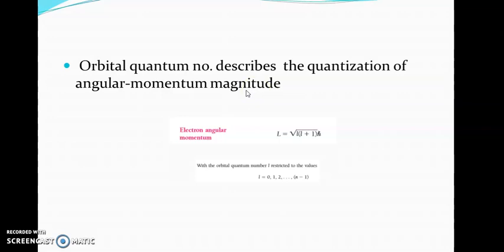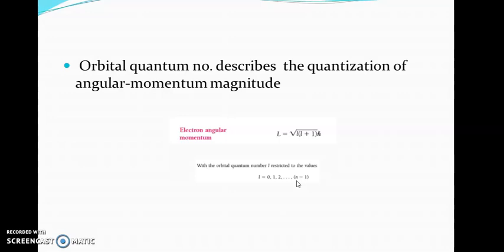Quantized means it can take only a discrete set of values given by capital L is equal to root of L into L plus 1 cross H, where small l is the orbital quantum number which can take values 0, 1, 2, 3, etc. up to n minus 1.